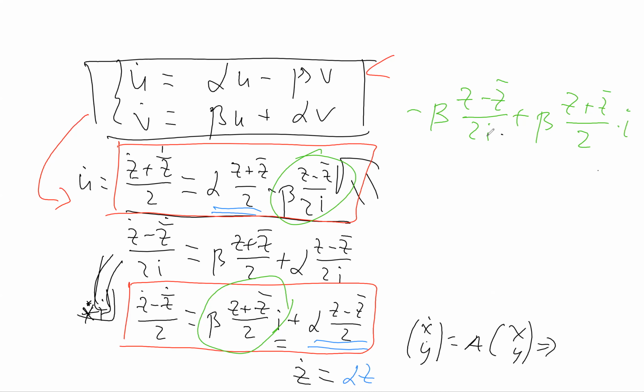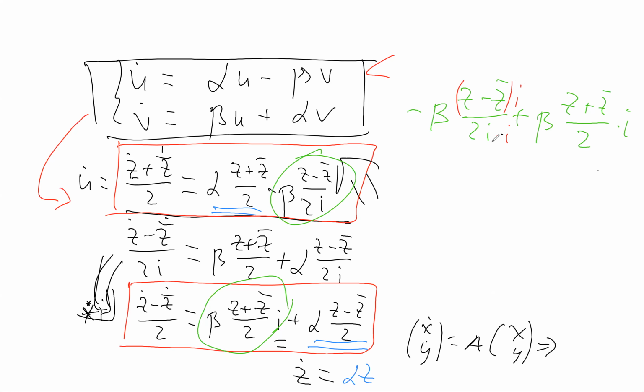If we multiply the first equation by i, I multiply numerator and denominator by i, so nothing will change. But then if we do this, we get here minus beta over 2i squared.